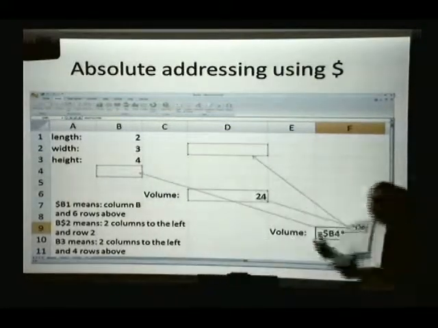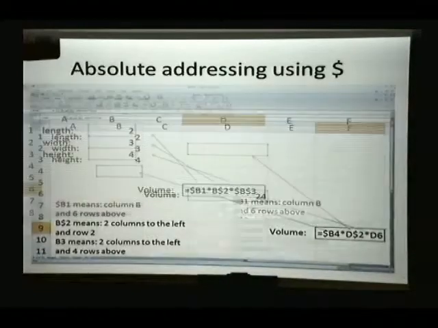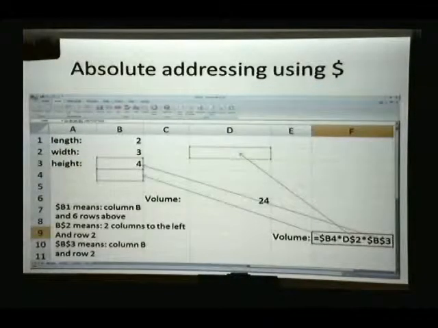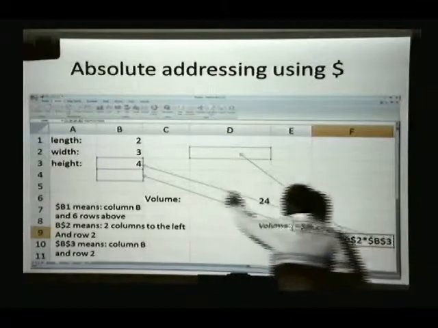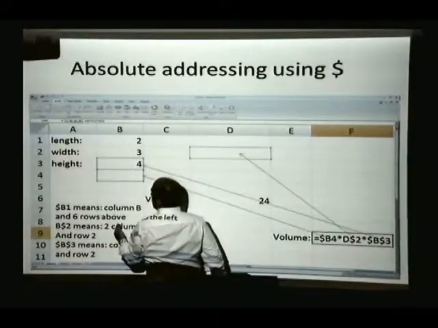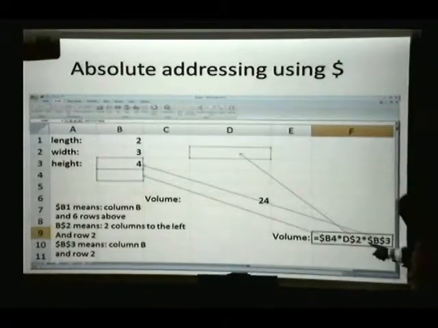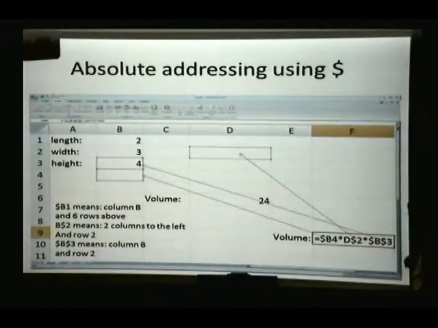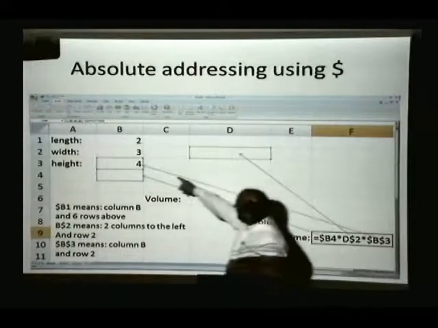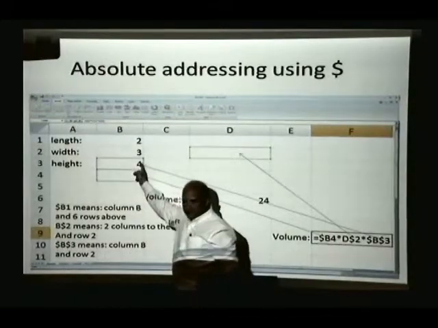And if we add the dollar sign to both the row and the column, now it's going to always reference that column B, row 3, okay? So we added here a dollar sign on B, dollar sign on 3, and now we're locked into that particular cell, okay?